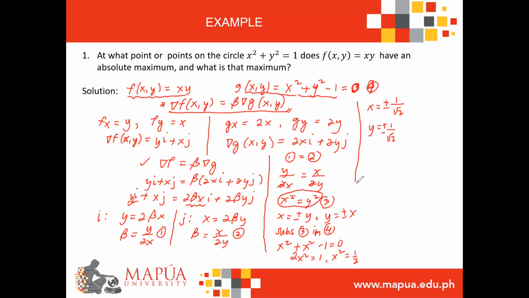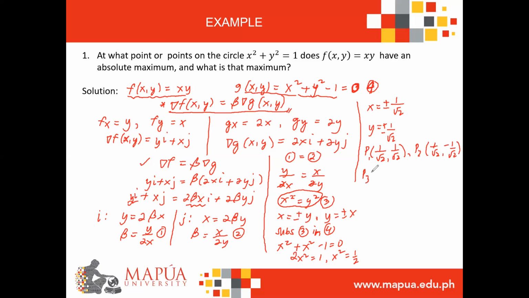So with that, we can now determine the points on the circle x squared plus y squared equals 1. Does this function have an absolute maximum? So with that, the points here, we're going to pair positive 1 over square root of 2 with positive 1 over square root of 2. That will be our first point. The second point will be the pair 1 over square root of 2 and negative 1 over square root of 2.